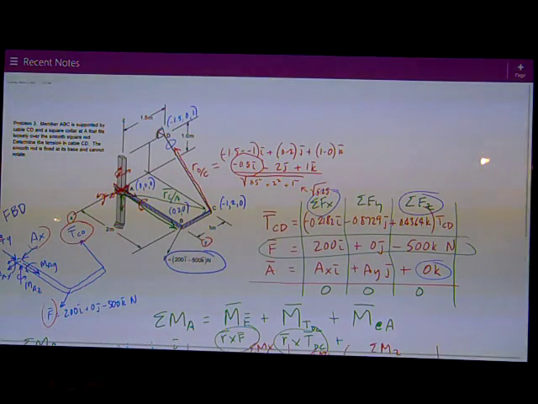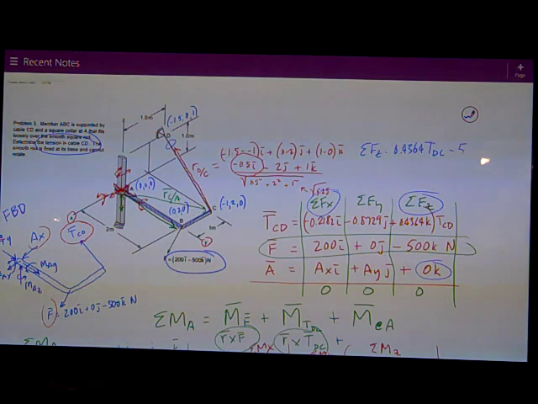I could have solved this because all I want to know up here is the tension in cable CD. So if that's all I want to know, then I can solve that. I can rewrite this equation. Sum of the forces in the z direction is 0.4364 TDC minus 500 is equal to 0.